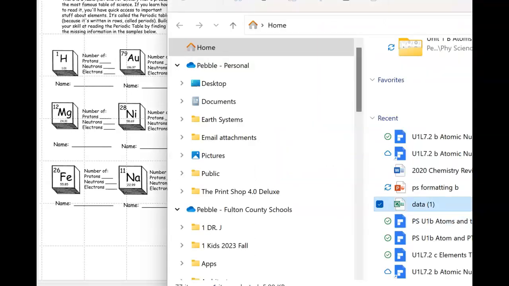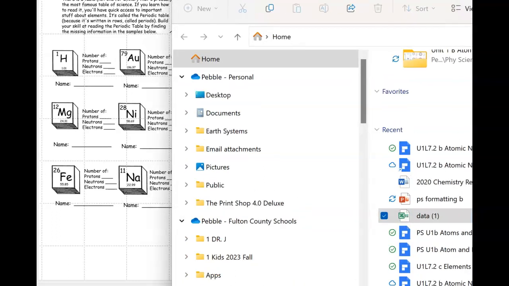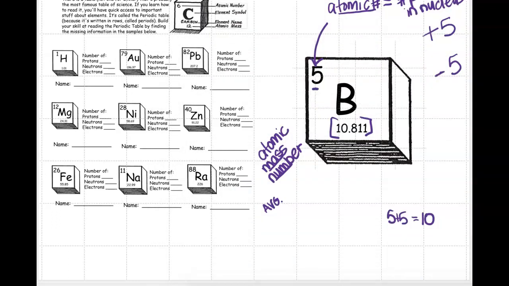But if you notice that we have 10.811, that means on average that there must be something else going on. So if we take this atomic mass number, 10.811, and subtract what we would expect to happen if the protons and neutrons were equal, that leaves us 0.811.